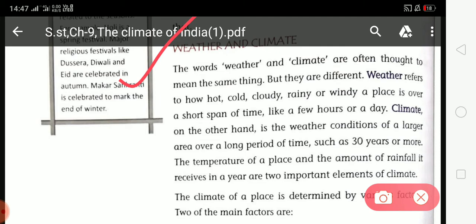So weather refers to how hot, cold, cloudy, rainy or windy a place is over a short span of time. You can say it is a mix of events that happen each day in our atmosphere. Weather is different in different parts of the world and changes over minute, hour, day and week. So student, weather changes over a short period of time.